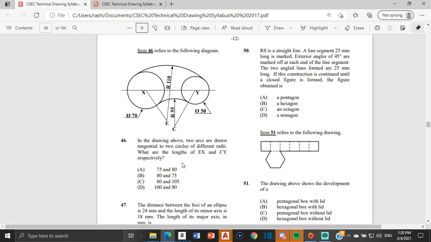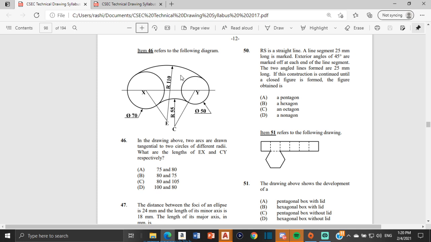Alright, so here we have this arc, and the radius of this arc is 55. And we have this arc right here, and the radius is 110. So what we're going to do here is subtract the radius of this circle from the radius of this arc right here.